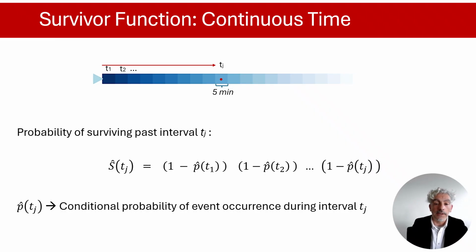And these probabilities are just the complement of the conditional probability of experiencing the event during the interval, here indicated as p hat, so that we can express the survival function with the formula here, which indicates that we can estimate the survival function by multiplying the inverse of the conditional probability of experiencing the event across all the intervals that preceded the interval of interest.